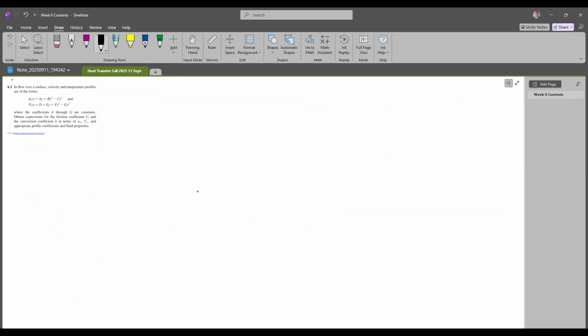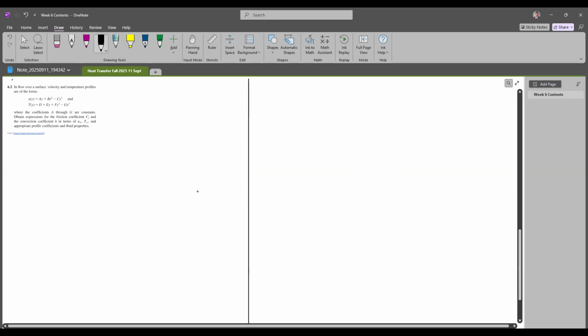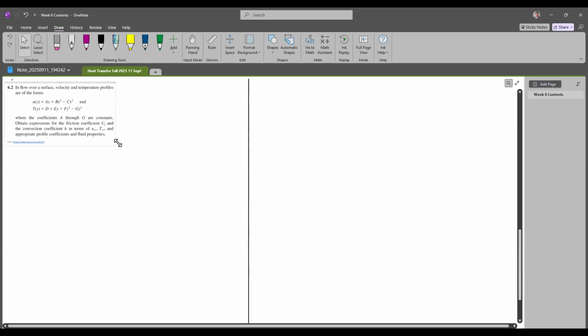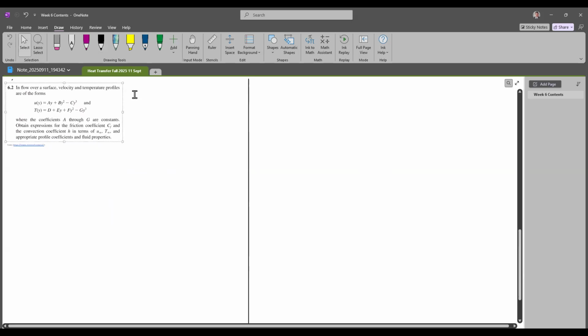And vertical line here. This problem says that in a flow over a surface, velocity and the temperature profiles are of the form u(y).